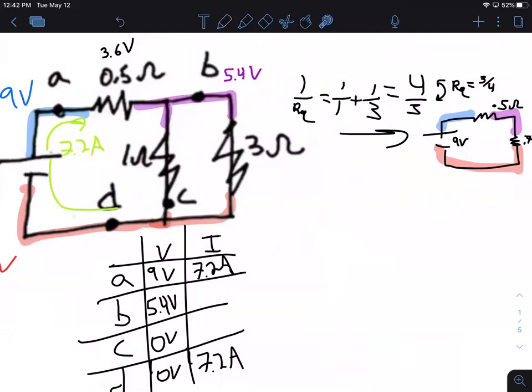Well, now, again, if I had my other table going, I could say each of these resistors has a delta V of 5.4. It's going from 5.4 back to 0. And then I could find the current through each one. 5.4 divided by 3 is 1.8.